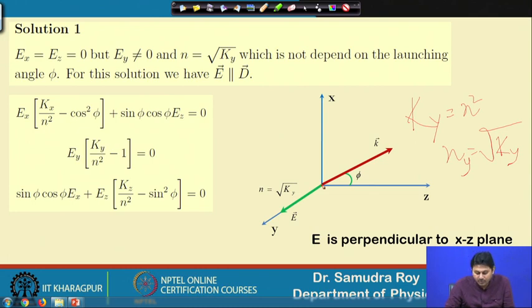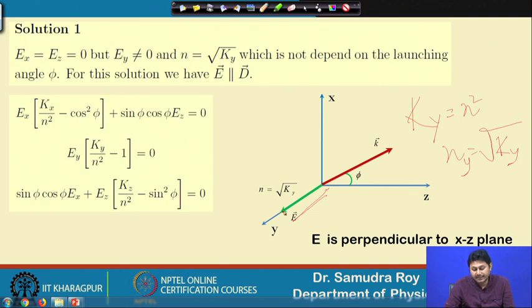If I look at this solution carefully, E is along the y direction now, because the other components are not there. Then this component is going to experience the refractive index which is root over of K y. That is one issue.